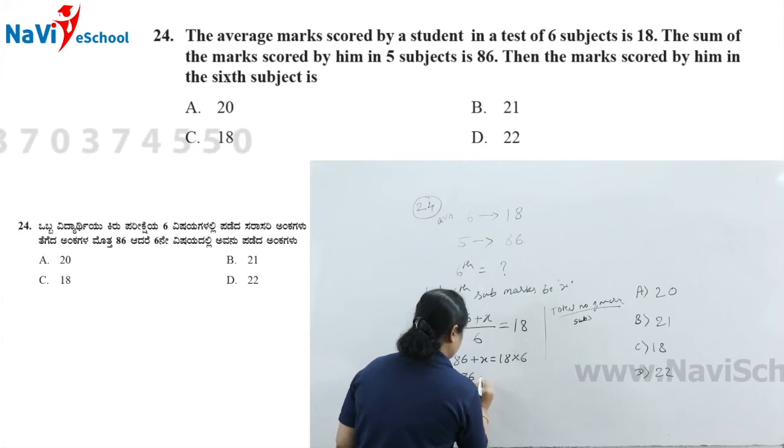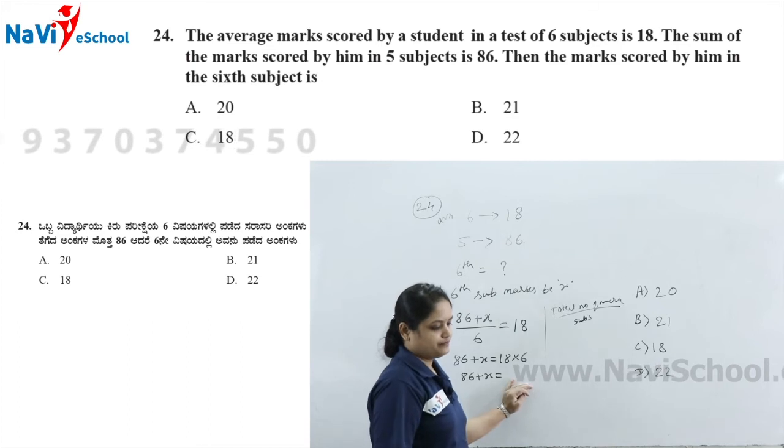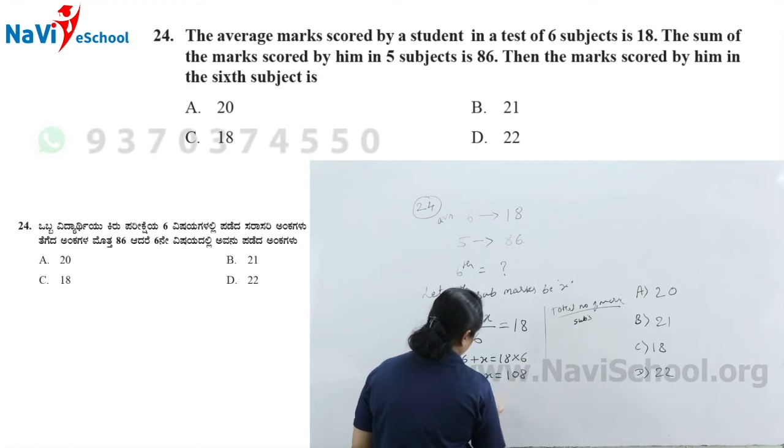Next, 86 plus X is equal to 18 into 6. How much, children, is it? 108.